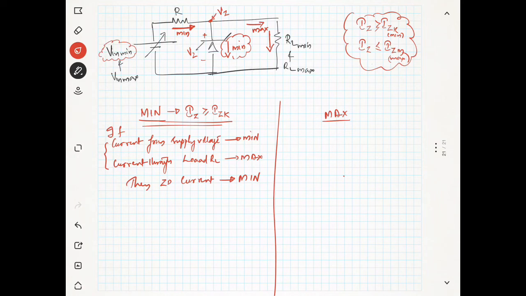So the minimum current which is coming in this direction is nothing but V in minimum minus Vz divided by our resistance R. Actually we don't know R, but we will write the equation and after that we will solve it. So V in minimum minus Vz by R is the total current which is coming.